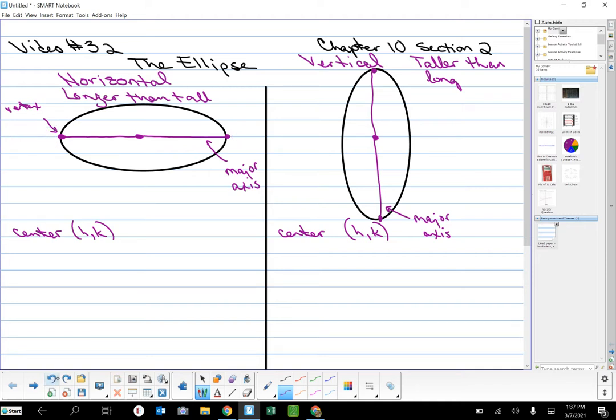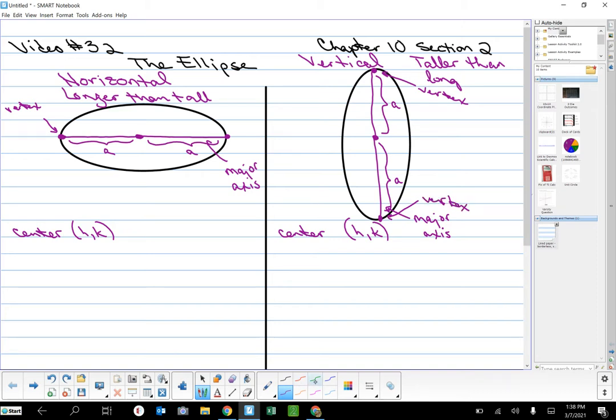What you should know, though, is that this distance from here to here is a units long, and this is also a units long. In the vertical one, this is a units long, and this is a units long. This is a vertex, and this guy's a vertex.